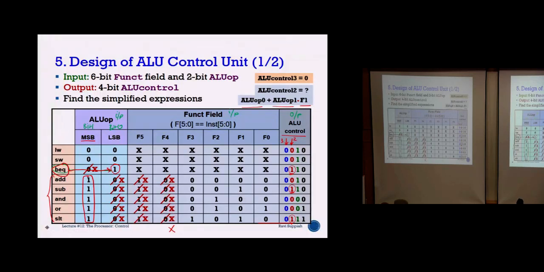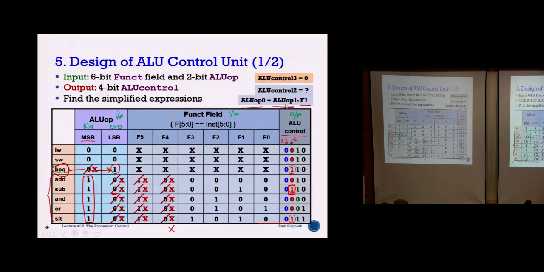How do I get this? So for example, this one over here. How did I get this one? This is ALU op 0. ALU op 0 is this one here, correct? So this is 0. So 0 does not make any impact to us.